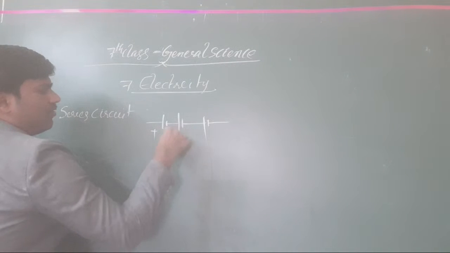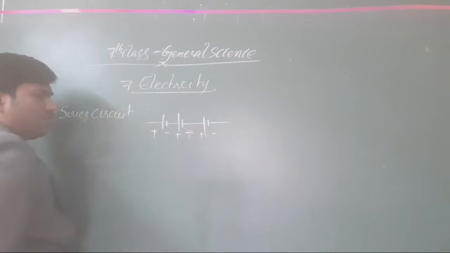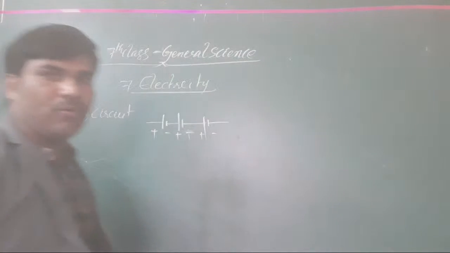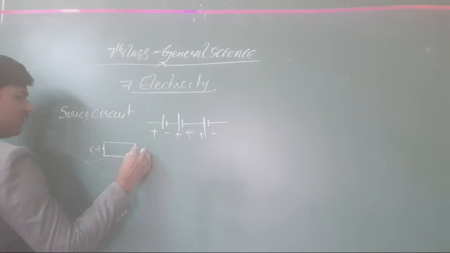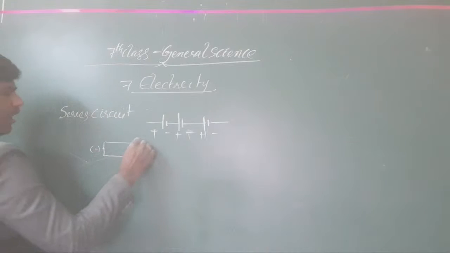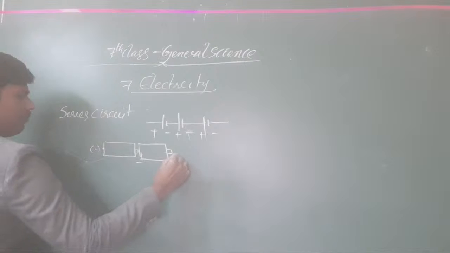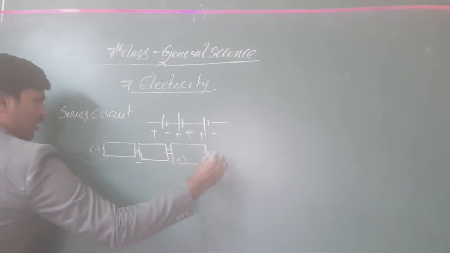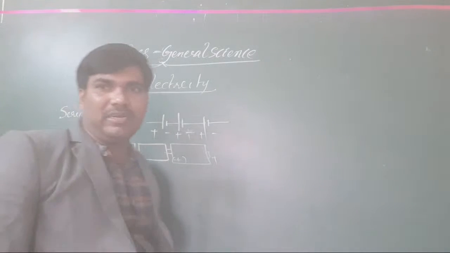Plus is connected to minus, minus is connected to plus. Suppose you take a battery: it has a negative terminal and a positive terminal, and this negative terminal is connected to the next positive terminal. Like that it is connected, and this is called a series connection. Got it or not?